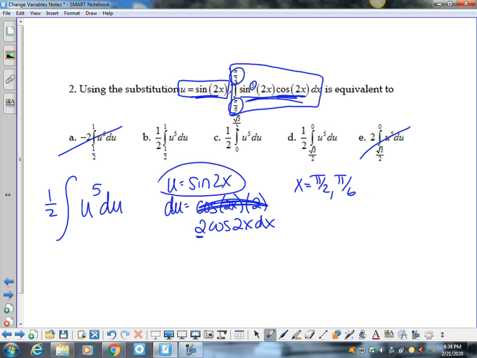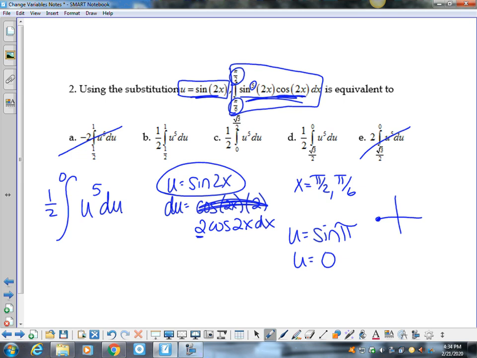I'm going to use this equation to translate those x's into u's. So u equals sine of 2 times pi over 2 would just be pi. Sine of pi is over here, and then sine of pi is 0. So that pi over 2 turns into a 0.